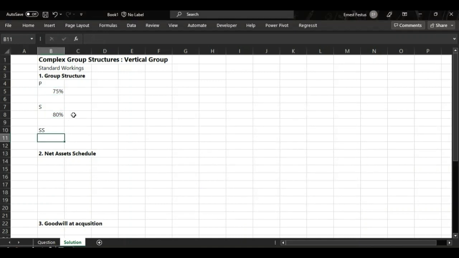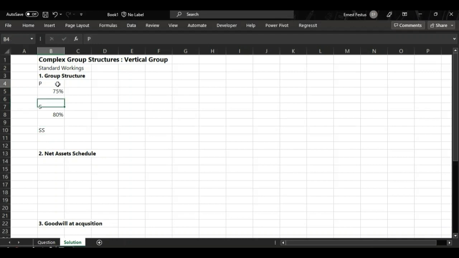So P acquired 75% of the shares of S, and S acquired 80% of the shares in SS. Now the question is, what is the control of P over SS? Earlier I said that in a vertical group structure, P controls S, and S controls SS.